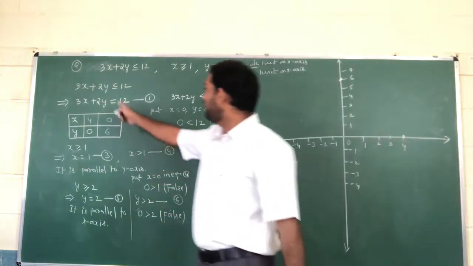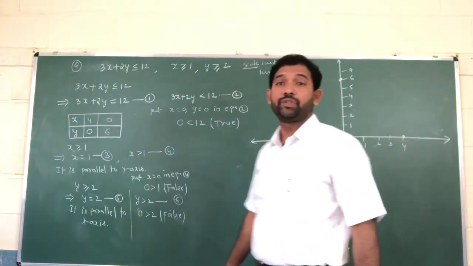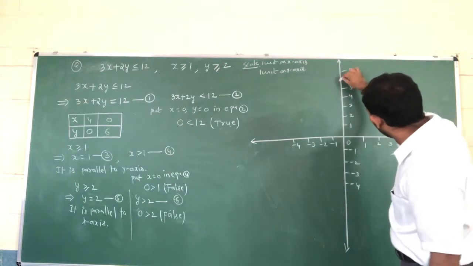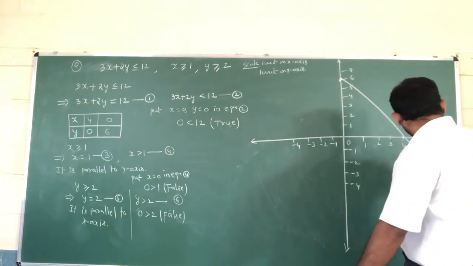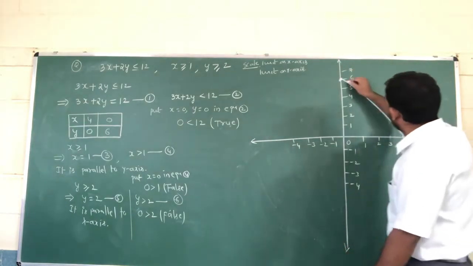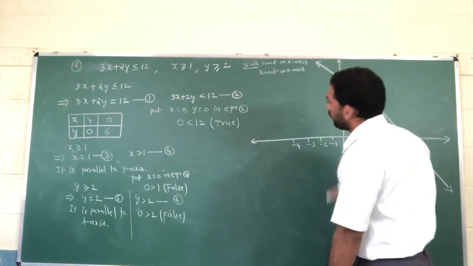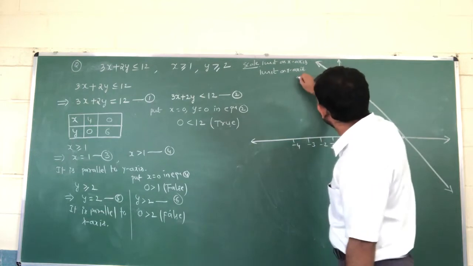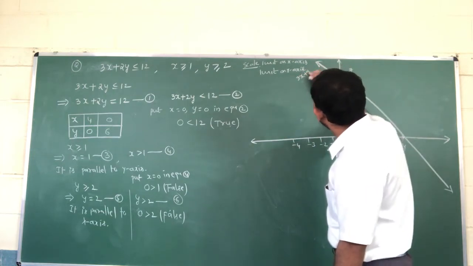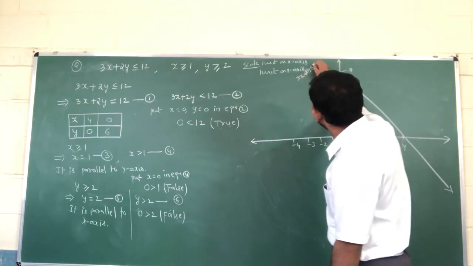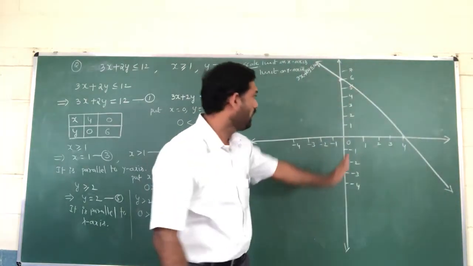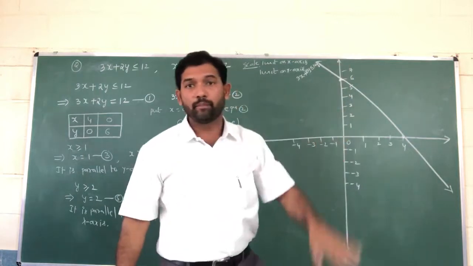Here less than or equal is there, so you should join these 2 points with a dark line. Now write the name of this line: 3x plus 2y less than or equal to 12. Then where do we have to shade, line above or line below?